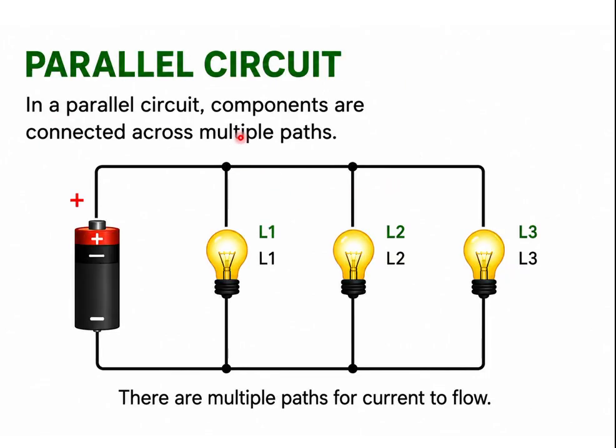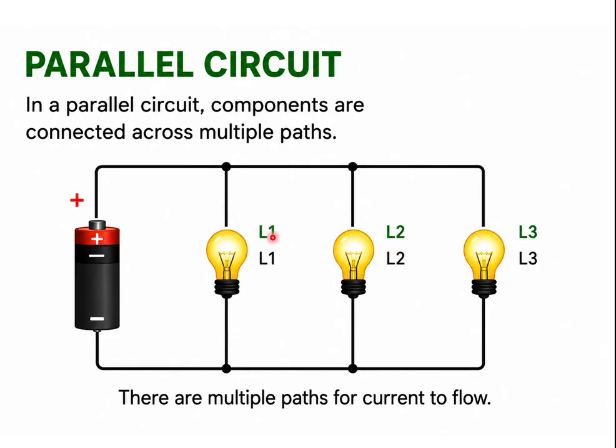And in a parallel circuit, components are connected across multiple paths. As you can see here, the components are not connected end to end. They are connected individually. So positive goes to positive, negative goes to negative individually. So in this case, if L1 is bad, current will still flow to L2 and L3.